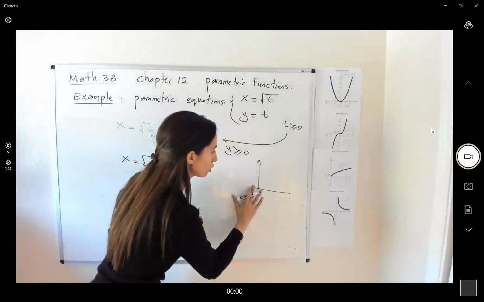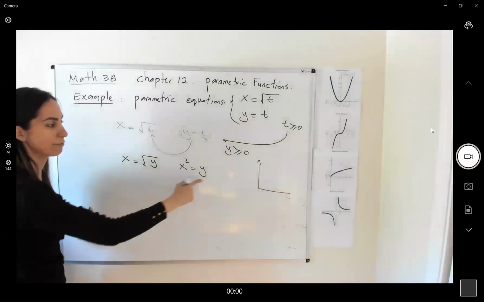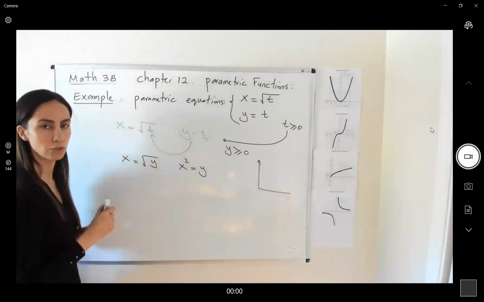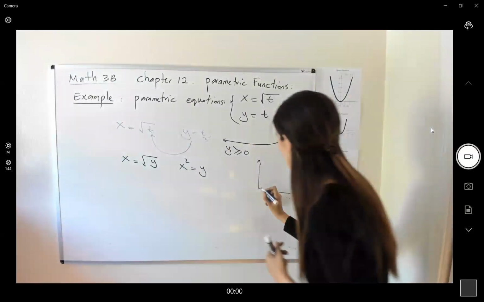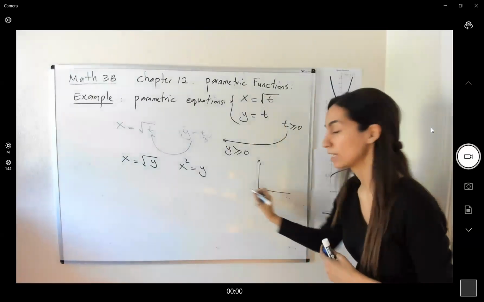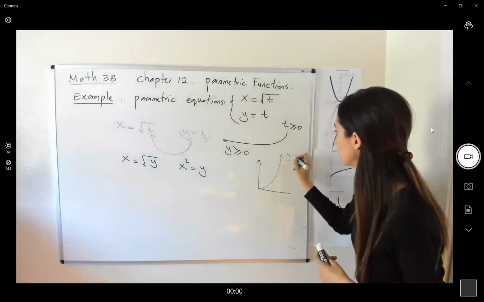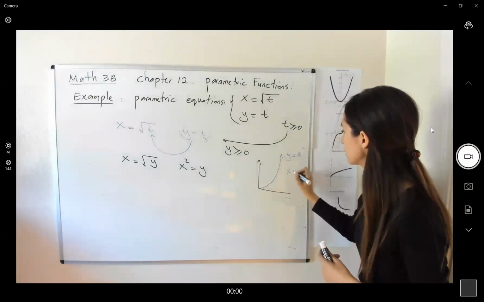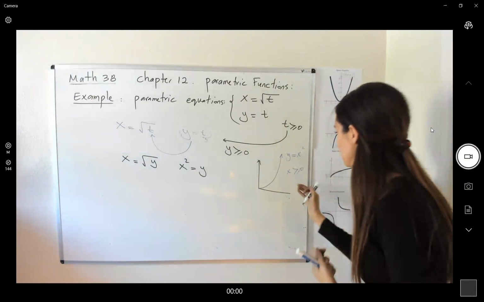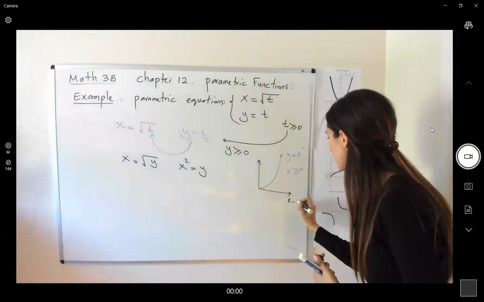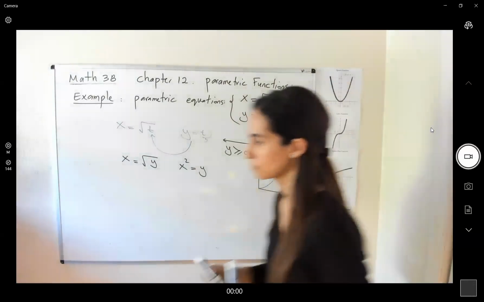So we do not work with the negative side of the x-axis. So you have y equals x squared. You all know that it's a parabola, opens up. And since we don't work with the left-hand side, it's just the right-hand side of the parabola. X is positive. This is your x-axis. This is your y-axis.